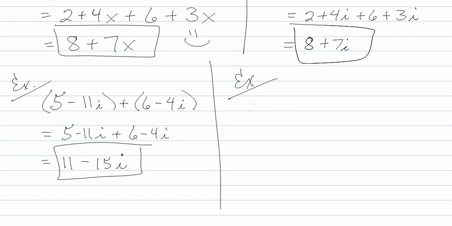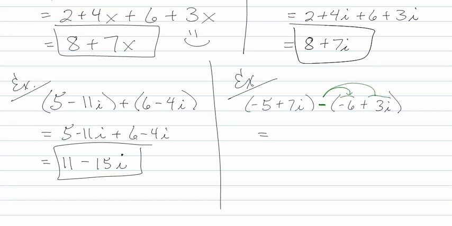Try another one. Try negative 5 plus 7i minus negative 6 plus 3i. Now you say, oh, I'm excited, I'm just going to go for it. But you can't. Parentheses actually do matter here. Parentheses are actually doing something important. This parenthesis is taking care of this negative sign here, and negative signs are high maintenance. So we have this high maintenance negative sign that requires us to distribute.